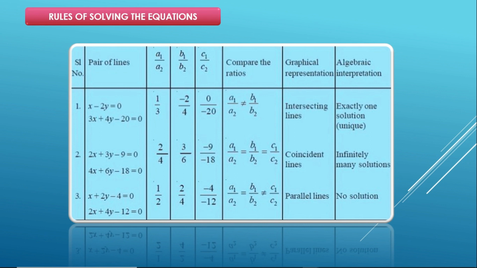So when solving two equations, if the comparison of the ratios occurs like a1 by a2 is equal to b1 by b2 and not equal to c1 by c2, then those equations will have parallel lines. In the graphical representation you get two completely separate lines which are parallel to each other. So in that type of case, it is said to be no solution or zero solution. So these are the rules of solving the equations.